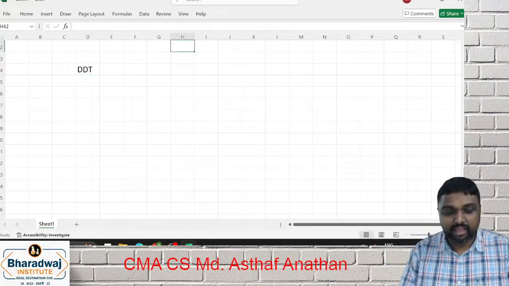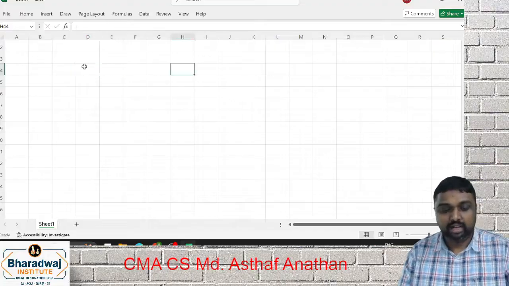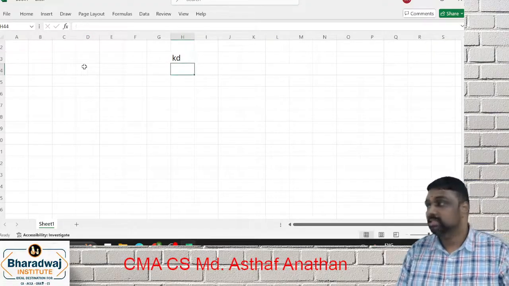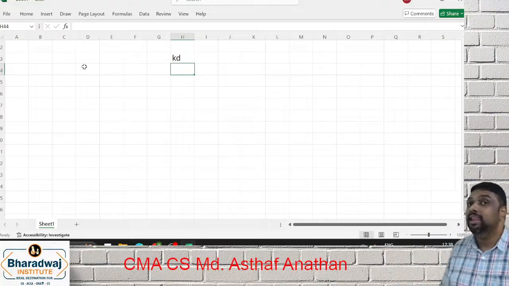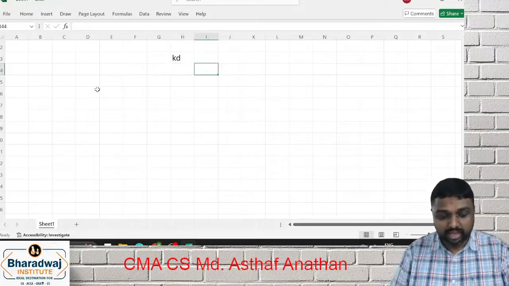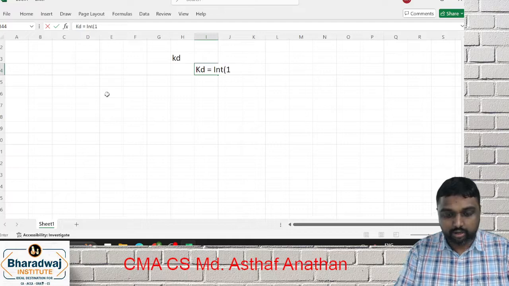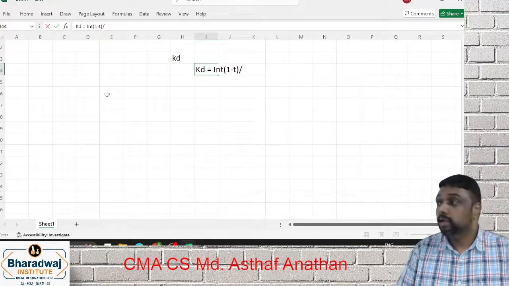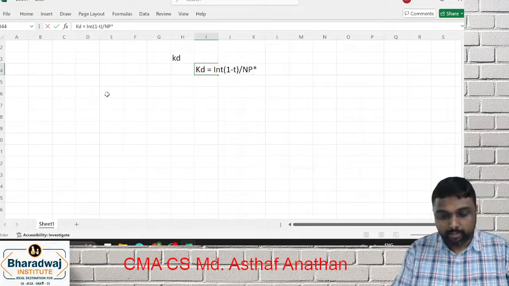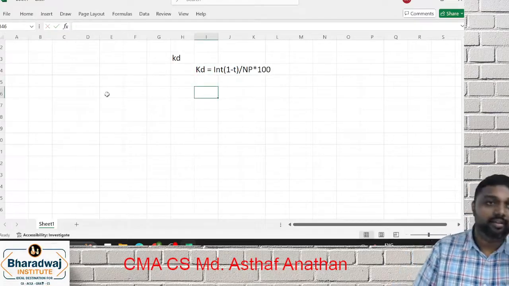KD. KD, the benefit is we have tax shield. So debenture, we have two cases. There are redeemable and irredeemable. If it is irredeemable, KD is interest divided by net proceeds into 100.